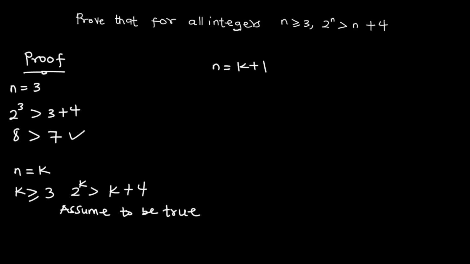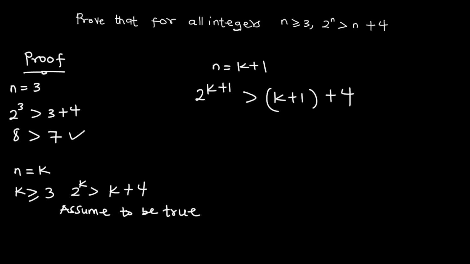So what we have to do is prove that this statement will be true for n equals k plus 1 also. When n equals k plus 1, we now have the inequality 2 to the power k plus 1 being greater than k plus 1 plus 4.